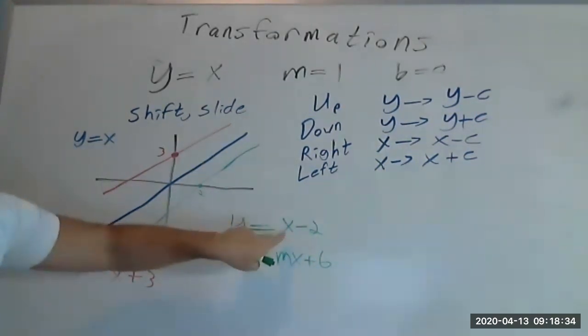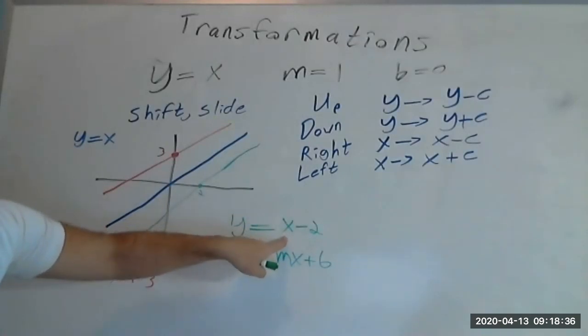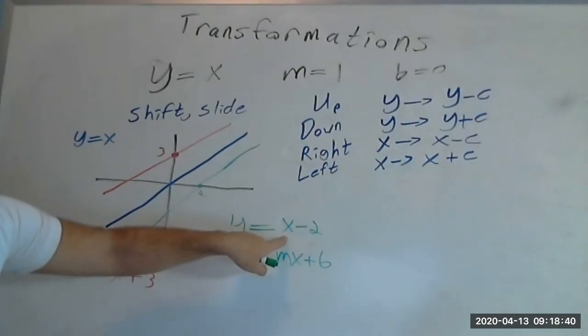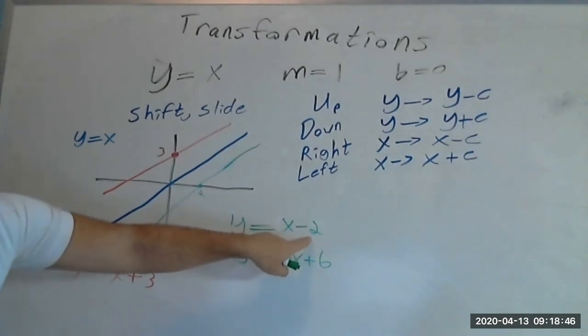What's the number that's being multiplied by x? What's the number in front of x? 1. What's the number being added to x?